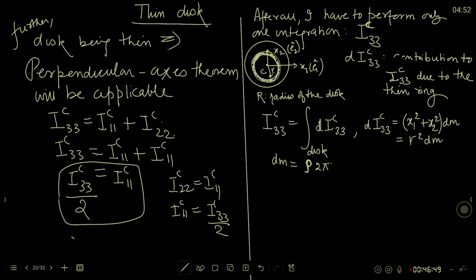Dr is this thickness of the ring. T is the thickness of the disk itself, in the E3 direction.